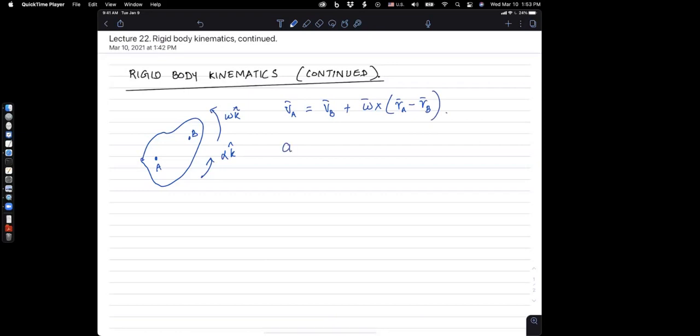And then the acceleration equation is this: alpha cross (RA minus RB) plus omega cross (omega cross RA with respect to B), okay? So this thing, RA minus RB, is the same as RA with respect to B. I just happened to write it like this because I was running out of space there. Same thing, okay?